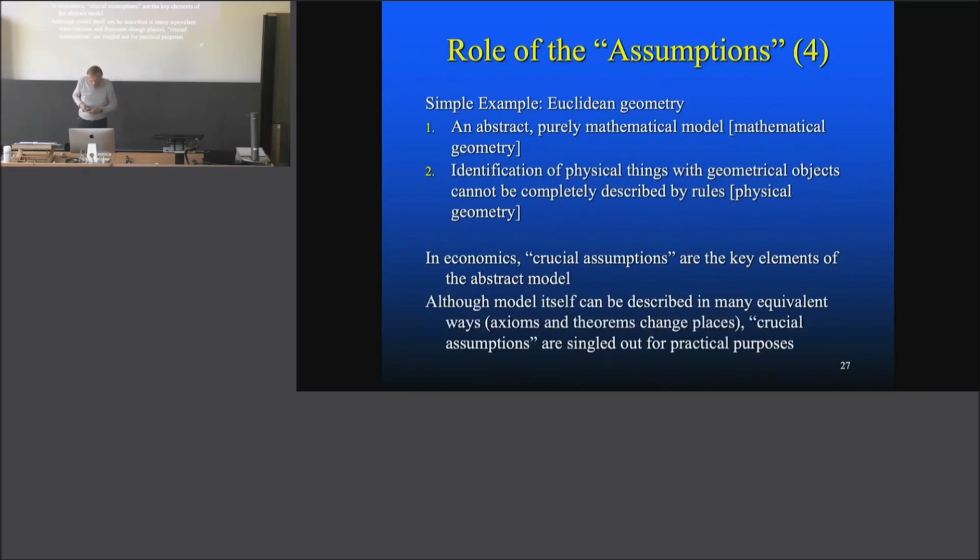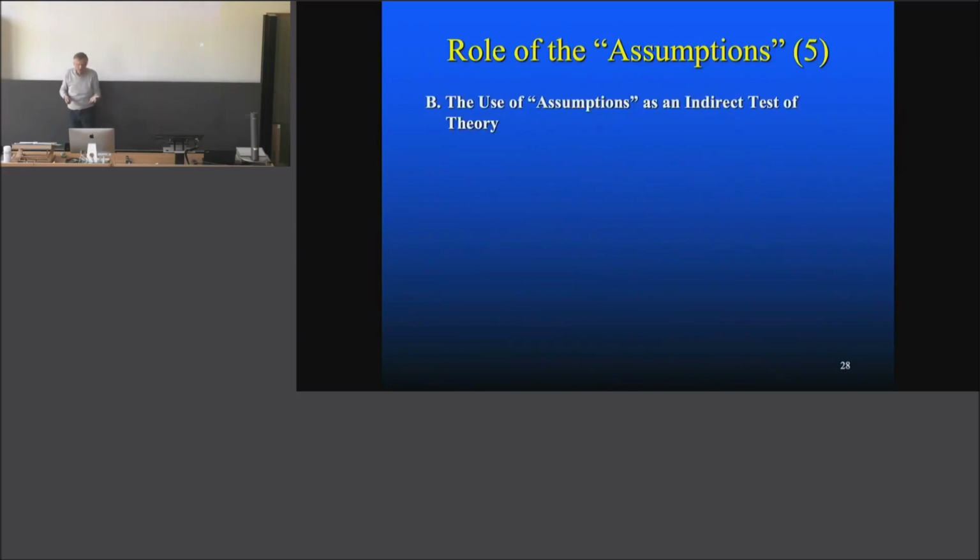Although the model itself can be described in many equivalent ways, axioms and theorems can change place, crucial assumptions are singled out for practical purposes. Well, if one asks what exactly he is saying there, look, there are these crucial assumptions, they are counterfactual, and they play a major role. Right? Much more you can't get out of it.